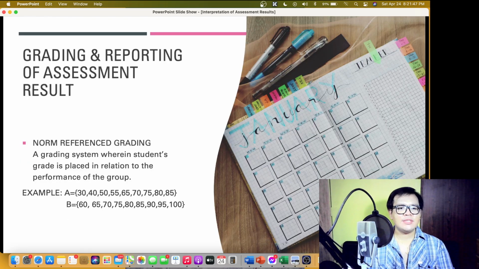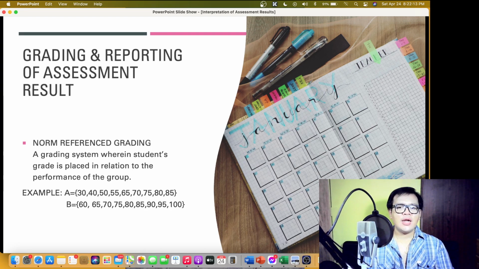Grading and reporting of assessment results. Norm-referenced grading, when you see norm reference, is a grading system where the student's grade is placed in relation to the performance of the group. Example: A is equivalent to 30, 40, 50, 55, 65, 70, 75, 80, and 85, and B is 60, 65, 70, 75, 80, 85, 90, 95, and 100.